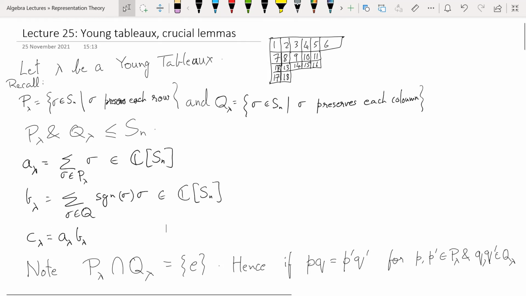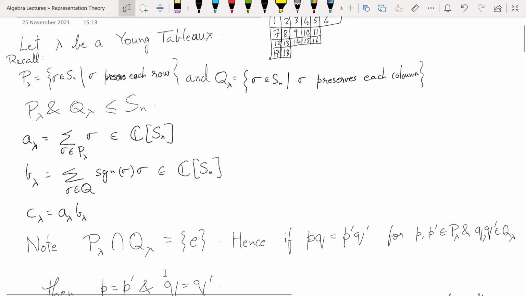It can go only to 7, 12, 13, and 17. But being in P lambda, it cannot go to that as well. So the only possibility for one to go anywhere is 1. And similarly, all the other elements. So the intersection of P lambda and Q lambda is just identity. If it has to fix every column and every row, then it has to fix the cell itself.